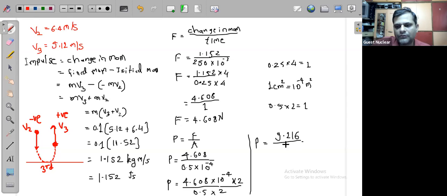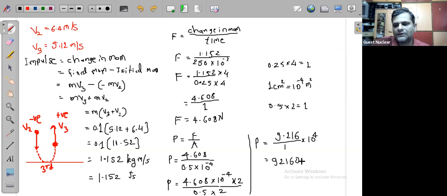Hence we get 9.216 divided by 1, and don't forget that it is multiplied by 10 raised to 4, which shifts the decimal point 4 digits to the right side. So shifting the decimal point 4 digits right, we get 92160. See, the decimal point was here, 1 2 3 4, and here it will be the decimal point.